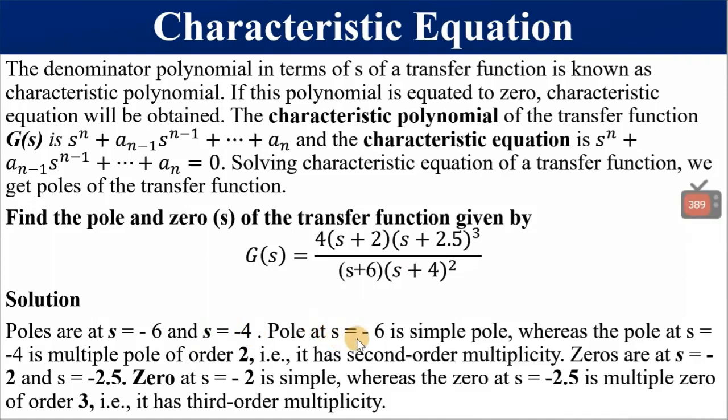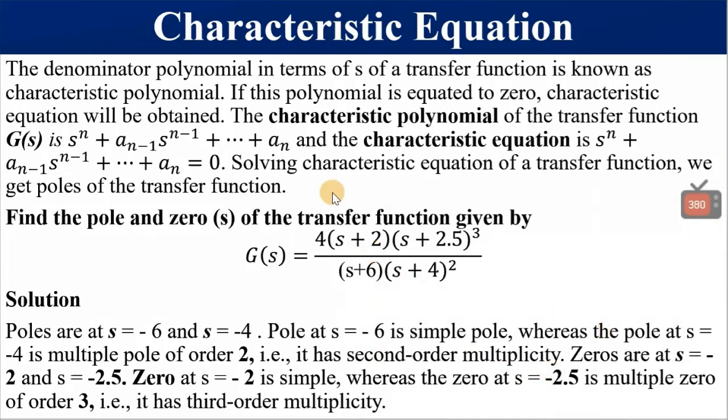So we have got a pole at s is equal to minus 6, and we call this a simple pole, but at s is equal to minus 4, we have got multiple poles, and we say they are of order 2. That is, it has got a second order multiplicity.